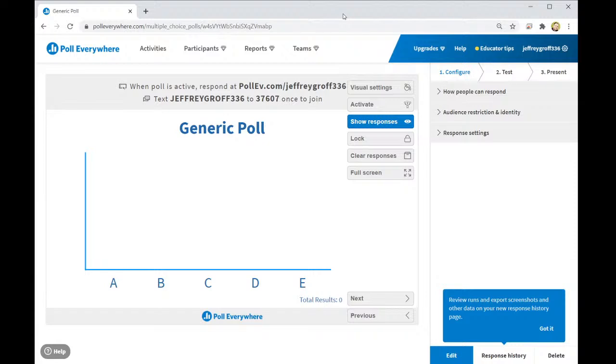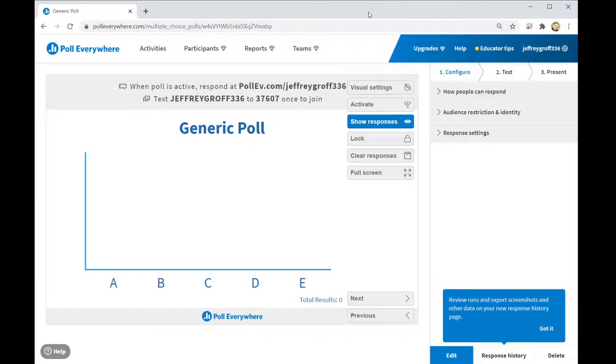pollev.com/JeffreyGroff336 or text your answers to JeffreyGroff336. Text JeffreyGroff336 to 37607 to join. All right. Oh, you guys still with me? I think you are. I just had a spinny wheel. All right, so pollev.com, JeffreyGroff336, or text JeffreyGroff336 to 37607.